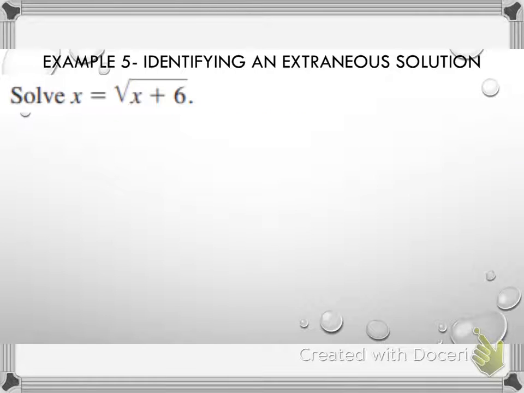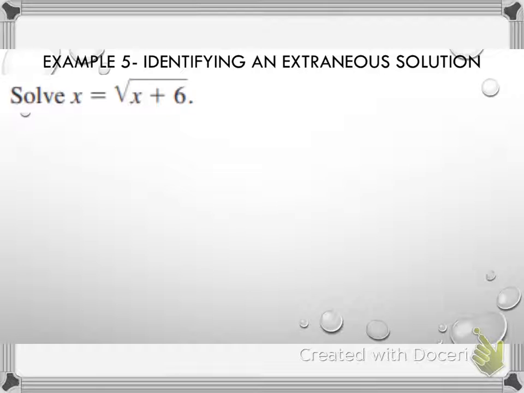Example 5. Solve x equals the square root of x plus 6. What's the first thing I need to do before I do anything else? Make sure the radical is by itself. Is the radical by itself right now? Yes, it is.